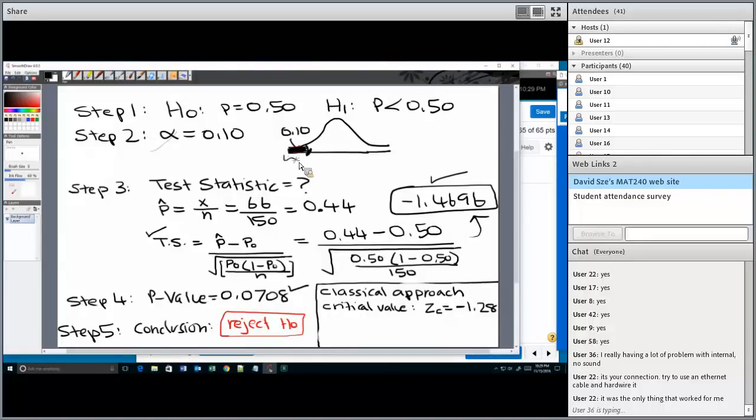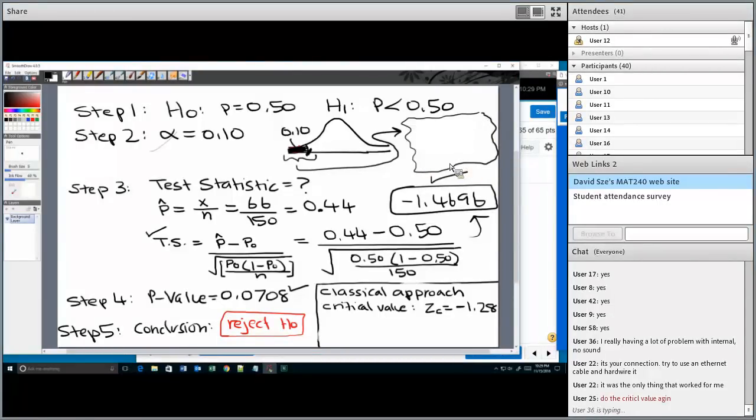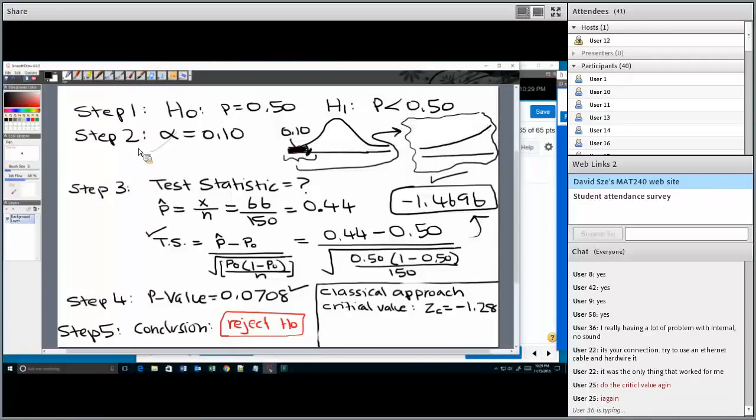Okay, now I want you to focus on this region. I'm going to magnify it a little bit. So it looks something like this. And this is my rejection region.